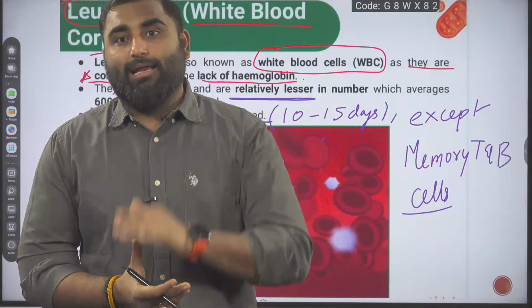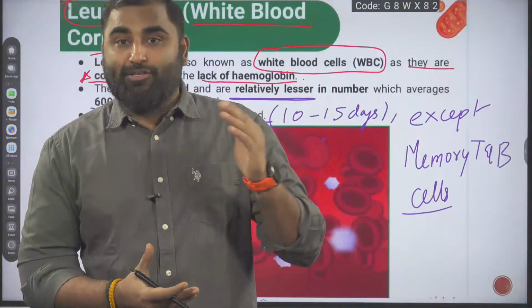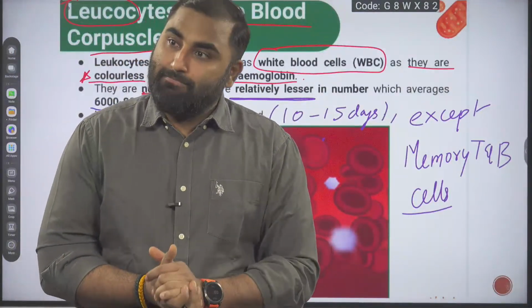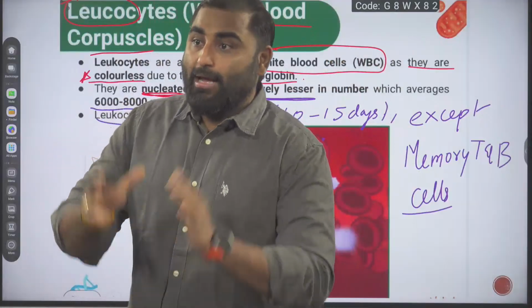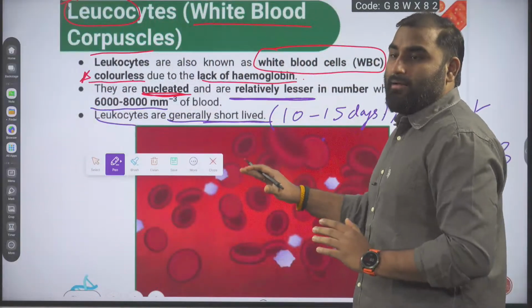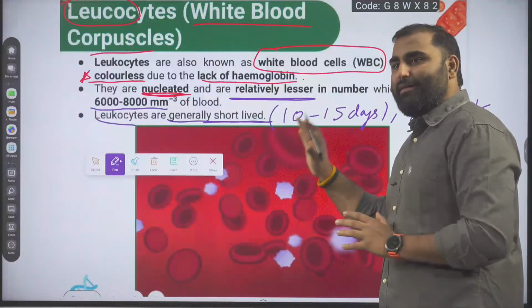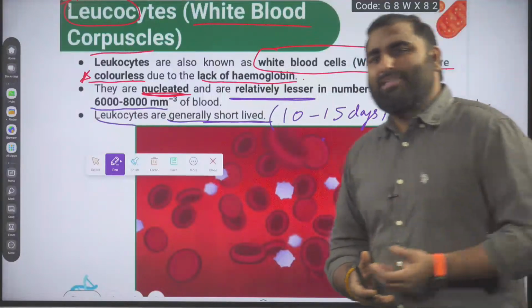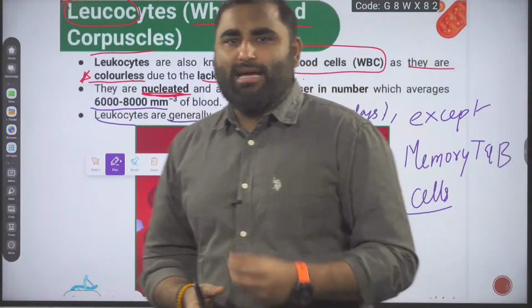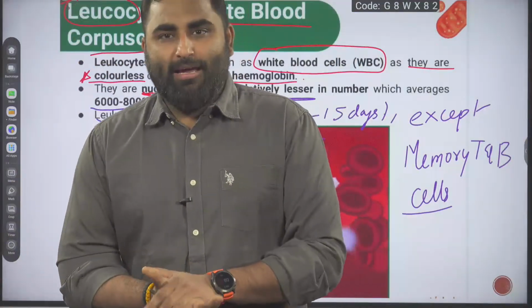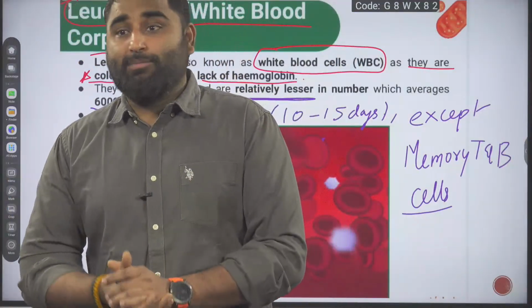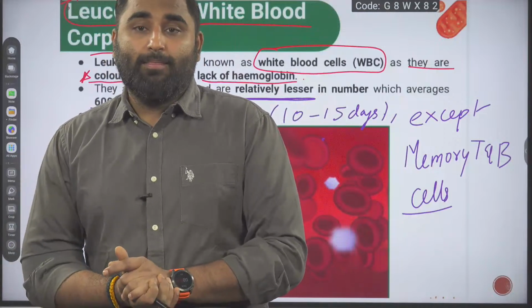So memory cells have a lifespan of about 15 to 20 years, but normal leukocytes roughly have 10 to 15 days. In fact, some WBCs have a lifespan of just 1 or 2 days. So in general 10 to 15 days, but memory cells will have more, right?